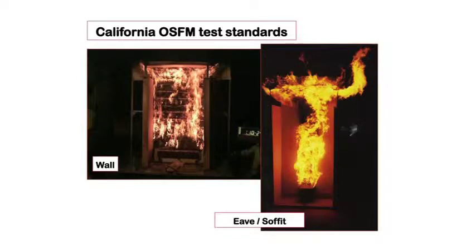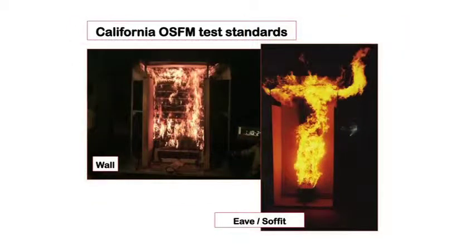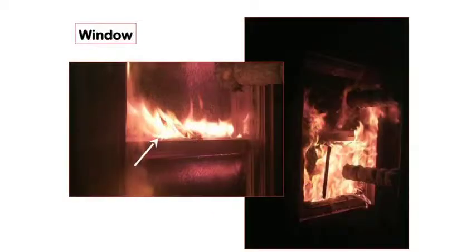The wall test, the eave and soffit test, and the window test all use the same basic apparatus that you see here. In the eave test, you're putting non-combustible things where the wall is and the eave material up here. In the wall test, you're putting whatever you're testing in the wall, and everything else is non-combustible. In the window test, you put a window in the middle of that wall, and you expose it to a fire from a gas burner at the base of the wall.